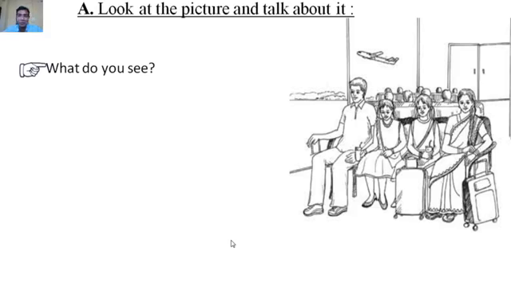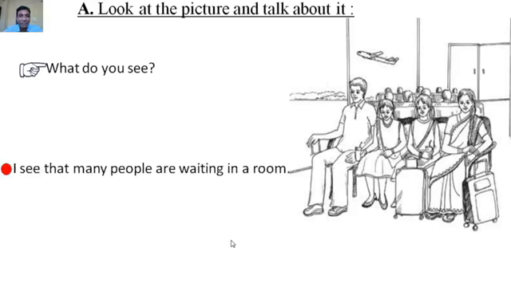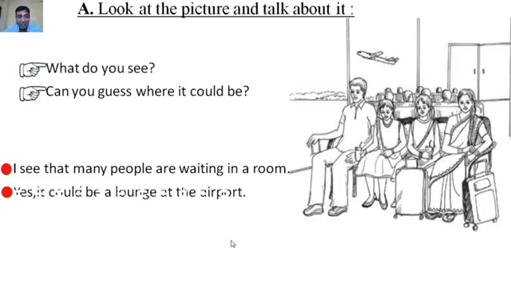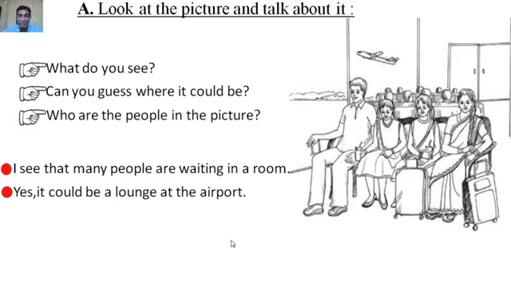So, what do you see? Yes, I see that many people are waiting in a room. Can you guess where it could be? Yes, it could be a lounge at the airport. Who are the people in the picture?